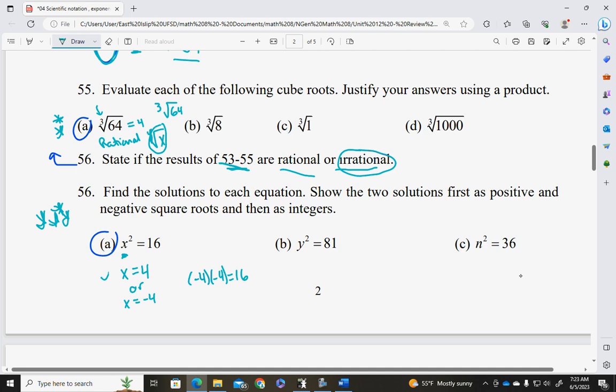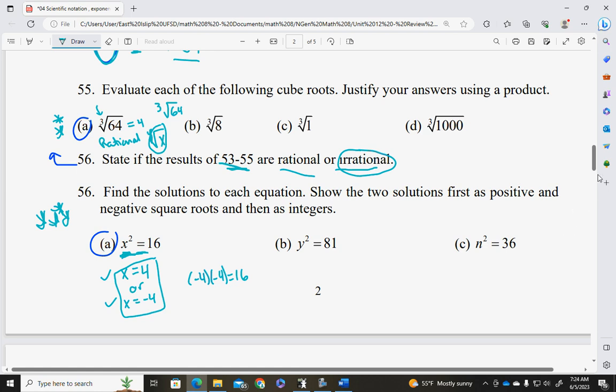So there are 2 answers. There'll be a multiple choice question on your final exam. Choice 1 will say x equals 4. Choice 2 would say x equals negative 4. Choice 3 would say x equals 4 and negative 4. And then choice 4, I don't know what it would say. But there are 2 answers when it's written in equation form like this.